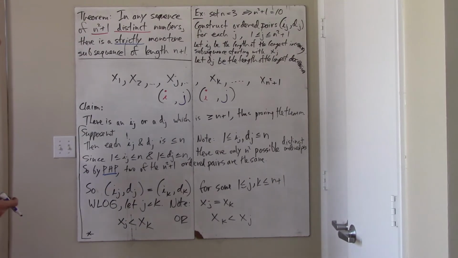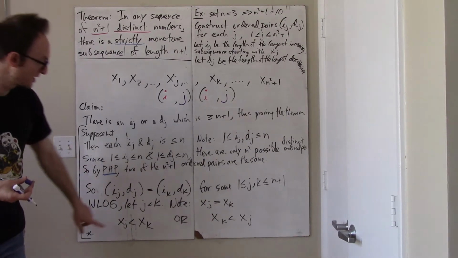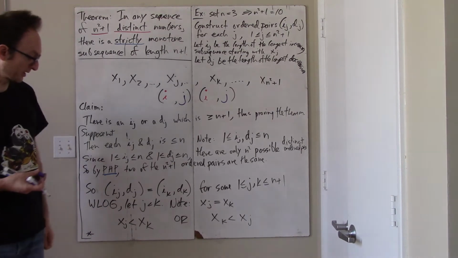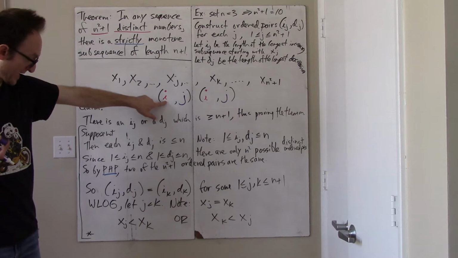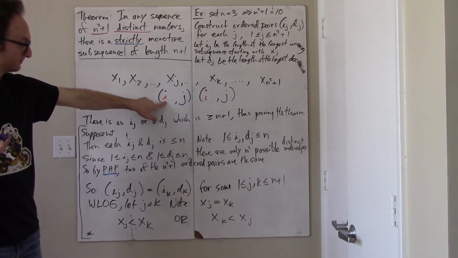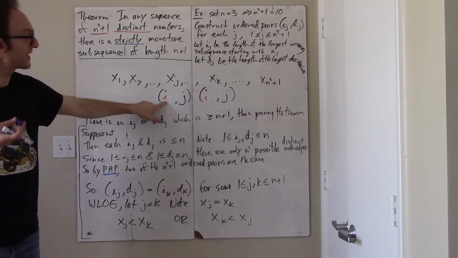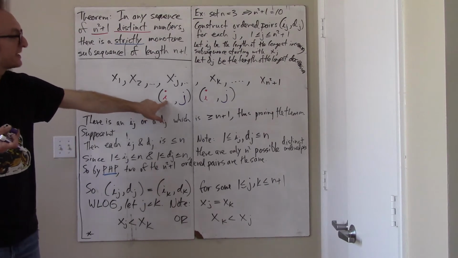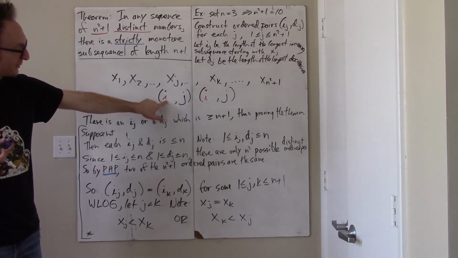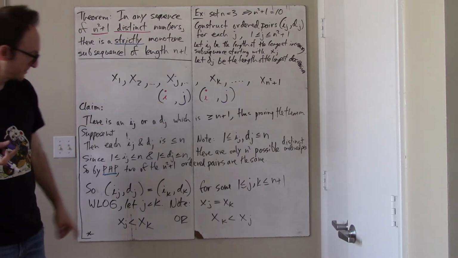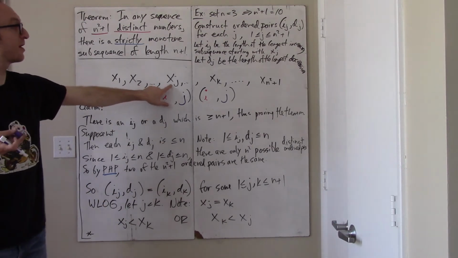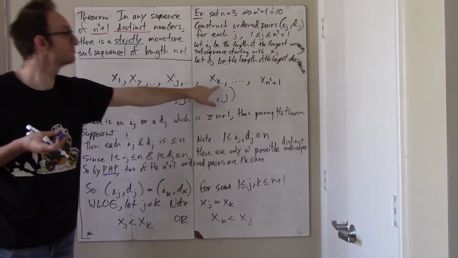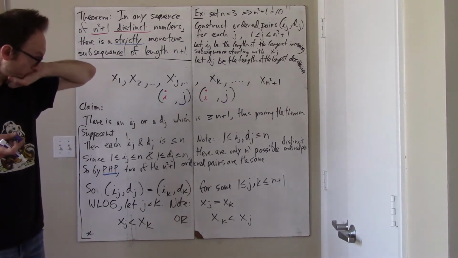Because all that matters is which number is smaller, which number is bigger. So here we go. Let's start with the i's. If x sub j is less than x sub k, that means that this number is smaller than this number.